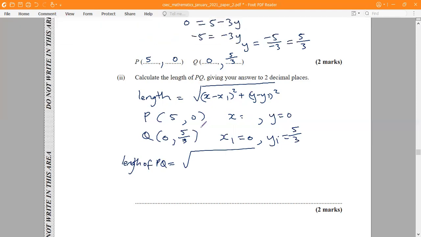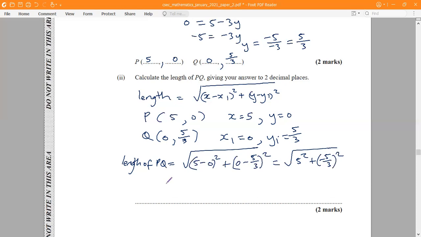All right, x will be equal to 5, and x1 will be equal to 0. So we have 5 minus 0 squared plus y minus y1, so 0 minus 5 over 3 all squared, which is the square root of 5 minus 0 is 5 squared plus -5 over 3 squared.